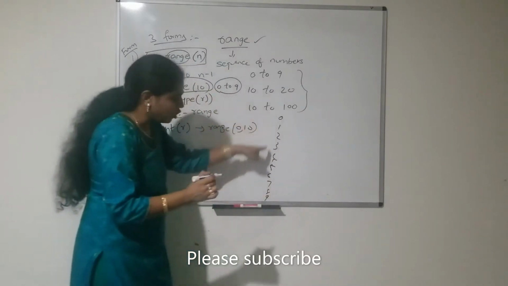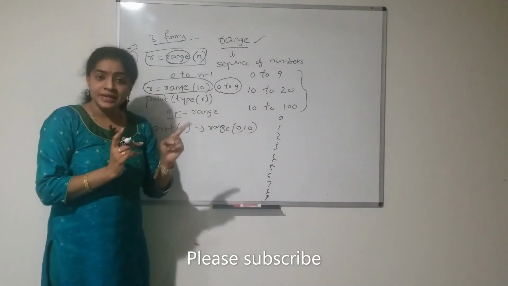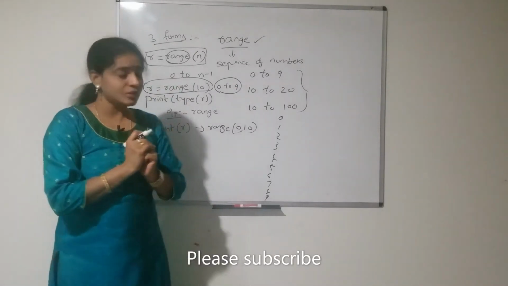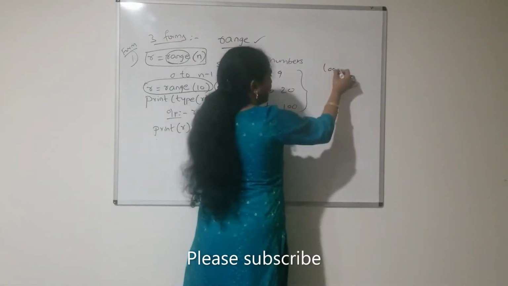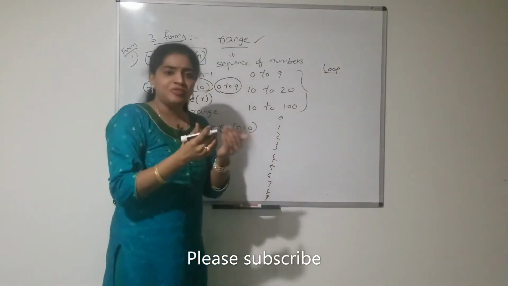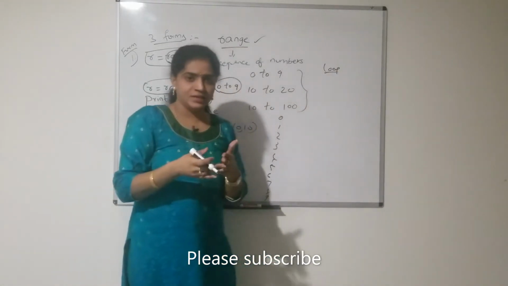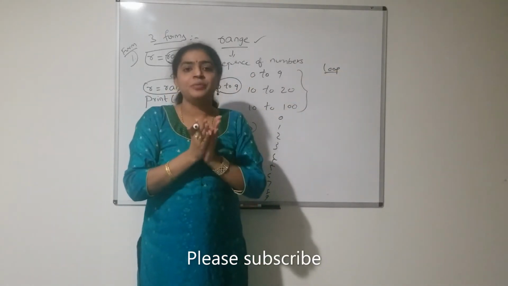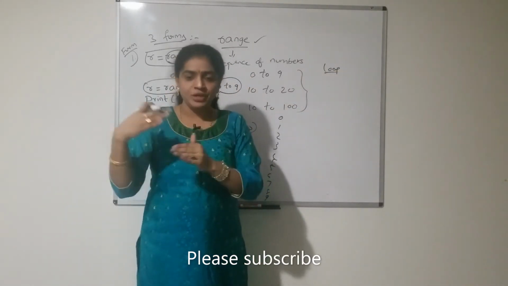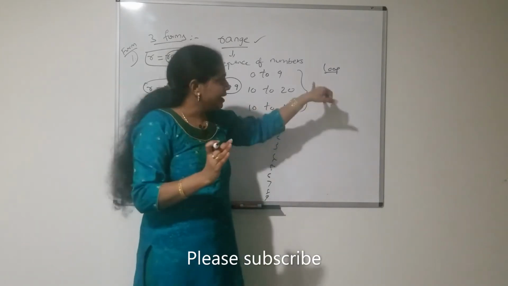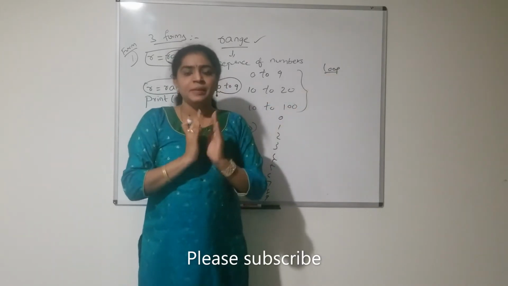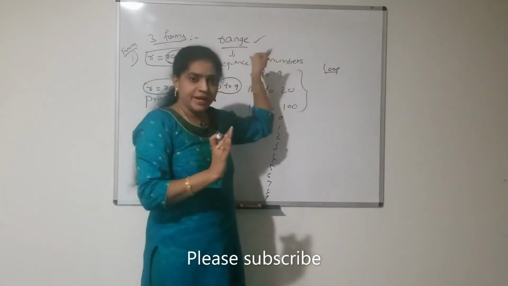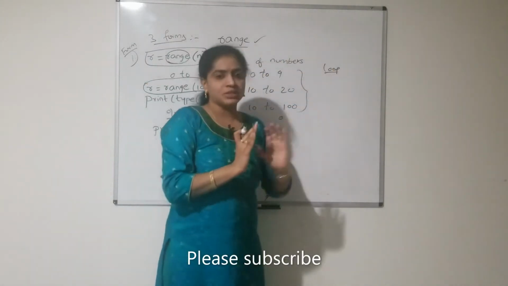If I want to view the output in this order, then for range function you have to use loop concept. In Python we have different types of loops, for loop, while loop, like that. Loop concept is used for flow control of the program. In later videos we will learn in detail about the loop concept, but here just to remember, for range data type we have to use loop concept.